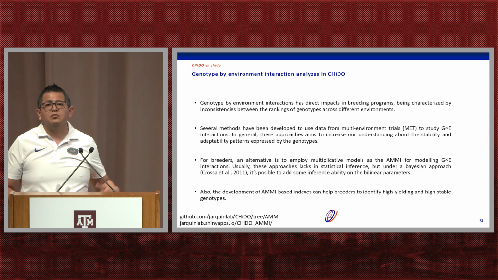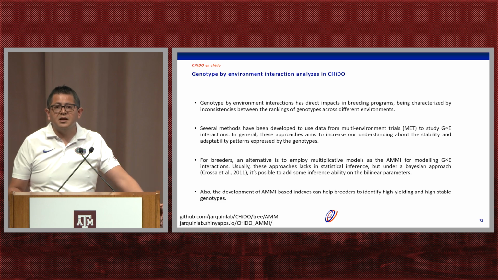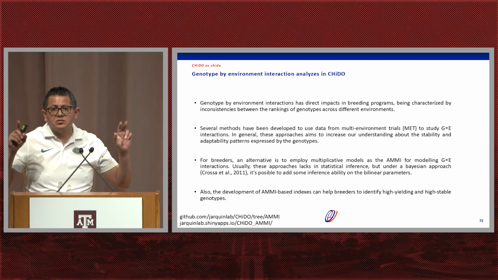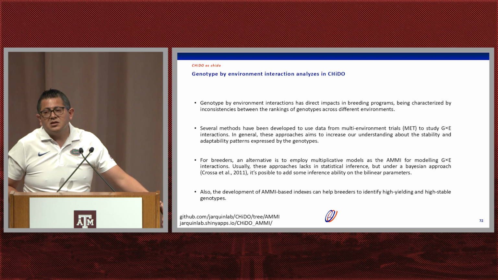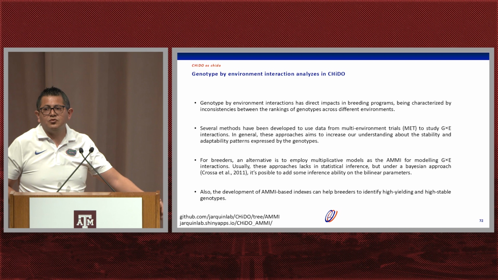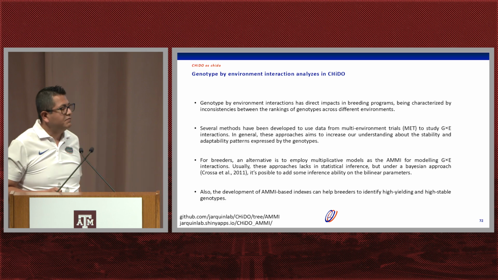So a few years ago, we proposed the first Bayesian approach, where we were able to draw these. Bayesians don't like when we say confidence intervals, but highest posterior densities that act as confidence intervals.